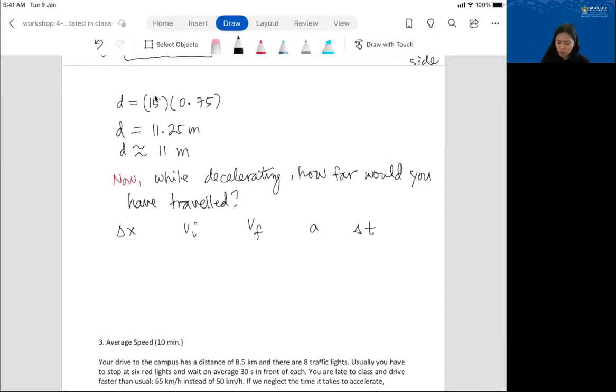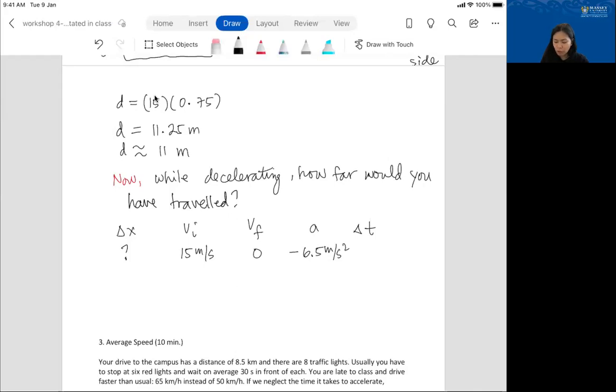Delta x, that's what we want to find, how far we traveled. Your initial velocity is 15 meters per second, and you slam the brakes until you stop, so your final velocity will be 0. And you are decelerating at 6.5 meters per second squared.